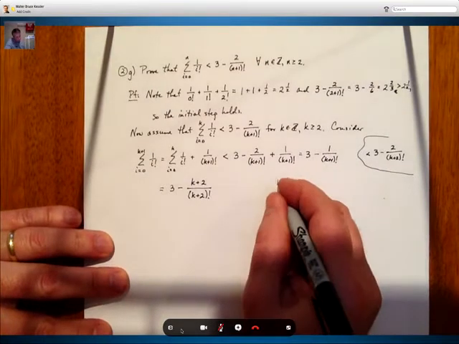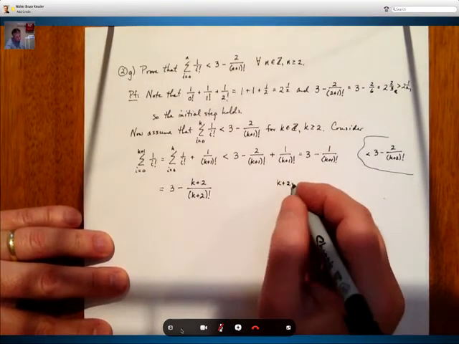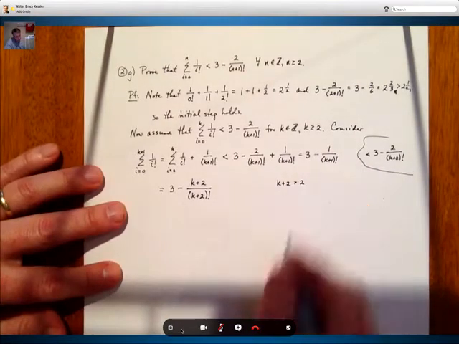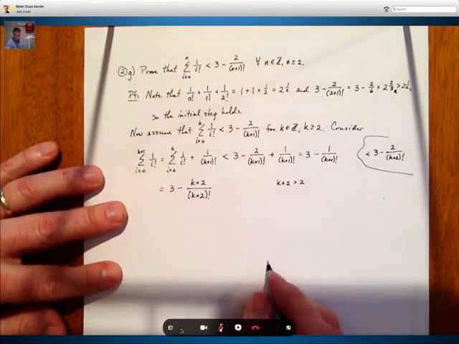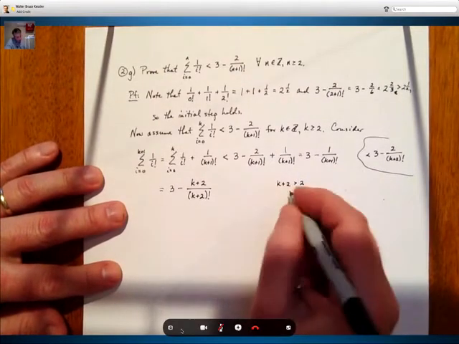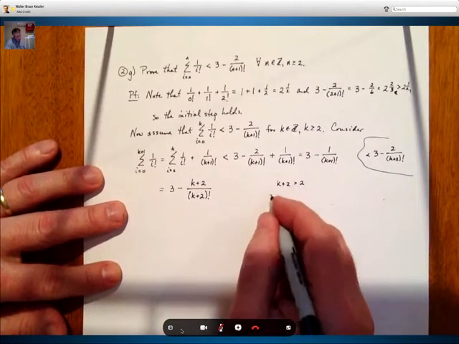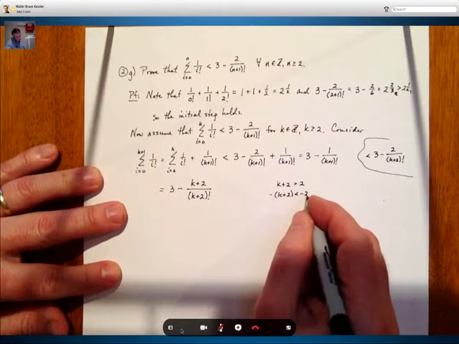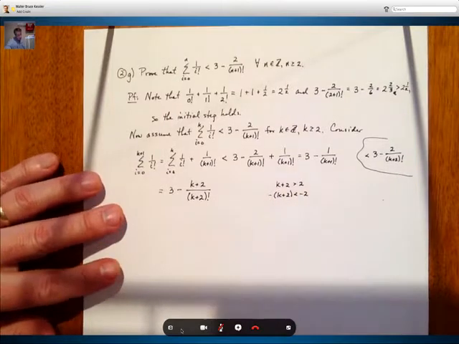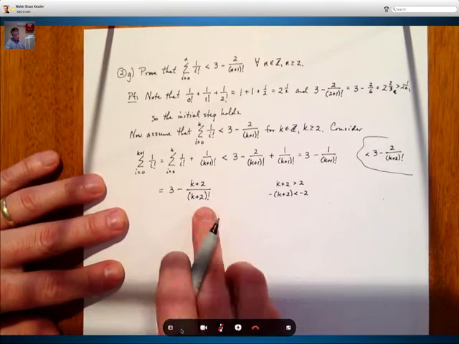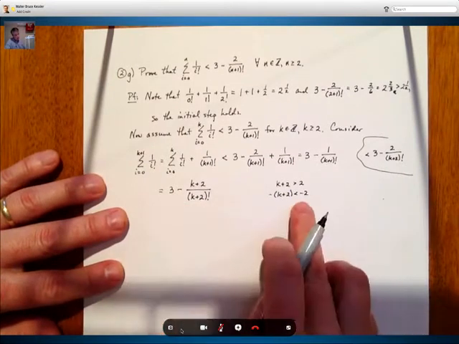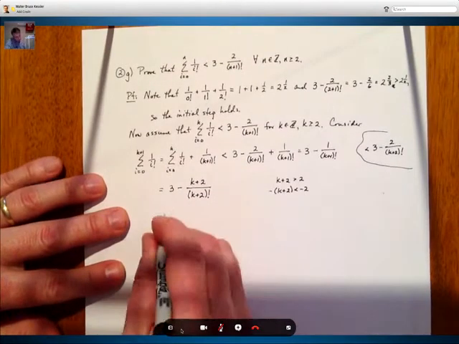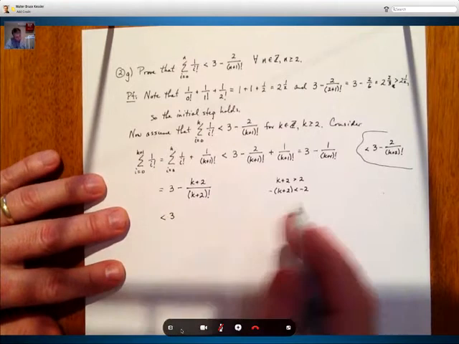Let's think about this just a little bit. The k plus 2 is bigger than 2, right? And I'm subtracting. Now that inequality is kind of going the wrong way, but if I'm subtracting, then that would be strictly less than just having a negative 2 up there.